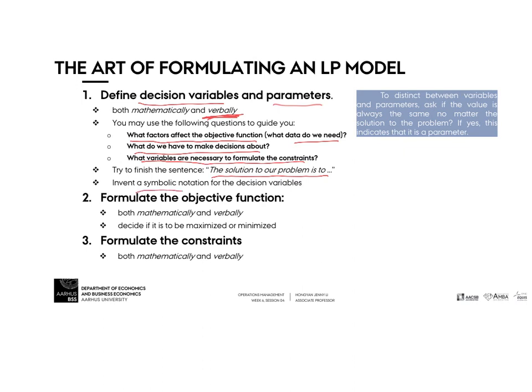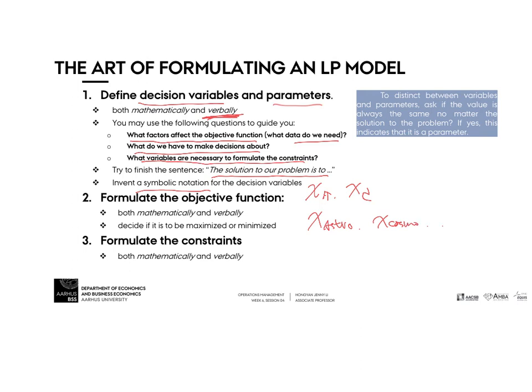So you invent a symbolic notation for the decision variables. For example, you can do it name-based, for example XA, XC. Of course, you can write X extra, X cosma. So it's your option, your choice.